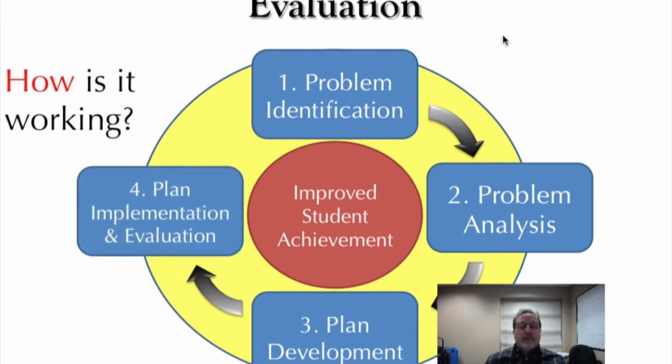And then we implement that plan and we evaluate. And this is where those 2 components from the model we talked about earlier are just collapsed, so that it's implementation and evaluation. And it's really critical that you evaluate the plan, just like I described at Tier 2 or at any other level. You really need to make sure that the plan was implemented with fidelity. And it's probably more critical here than anywhere because the stakes are becoming high at this point.